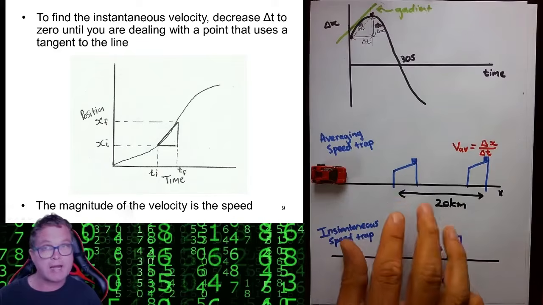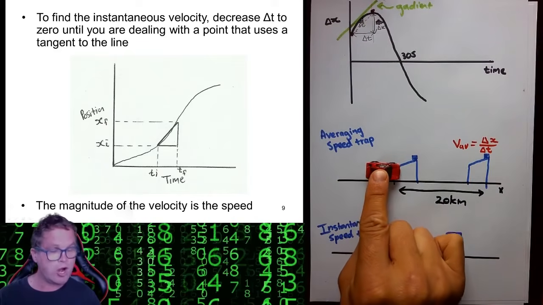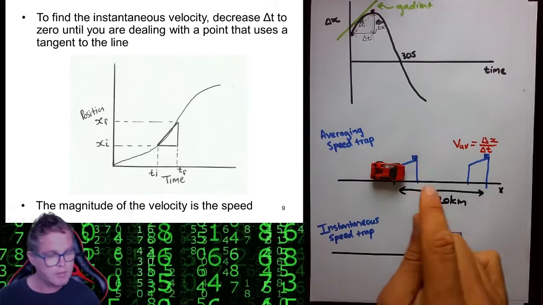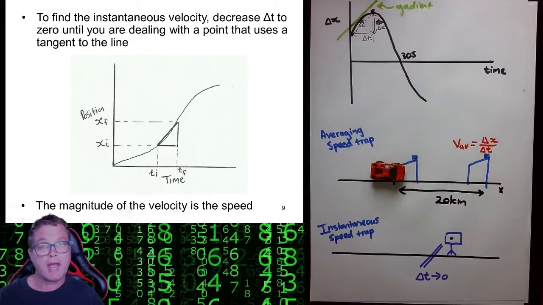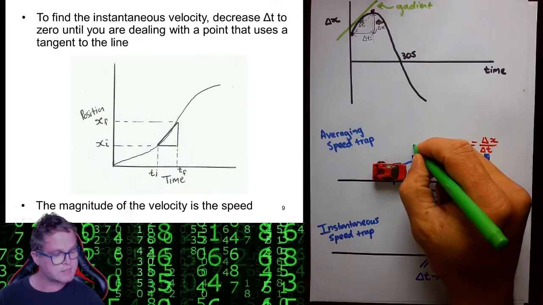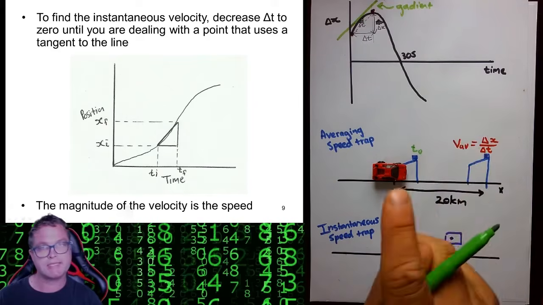So how this kind of camera works is, you'll be driving, and when your car passes under this boom, there's a camera that takes a photo of your car, and from your number plate it recognizes who you are. But this camera also records the time at which you've passed the boom. So this may be t0.